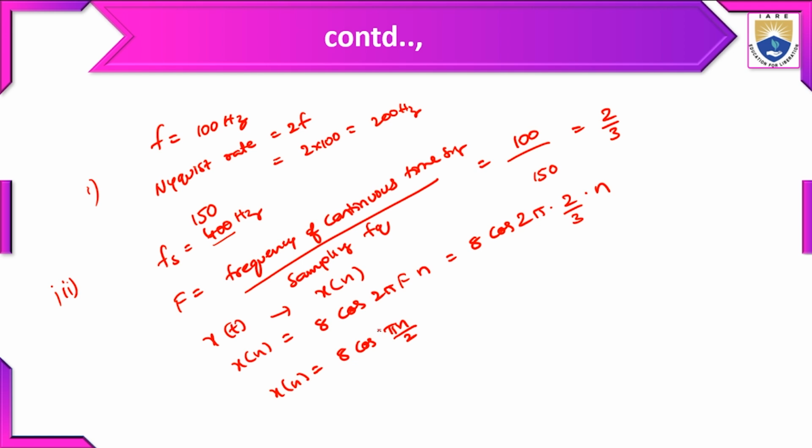Simply 4 pi n by 3. This is the same problem, just they changed the sampling frequency. So we substitute 150 in place of 400, then you get f equal to 2 by 3. We substitute the f value here, then you get the discrete one.